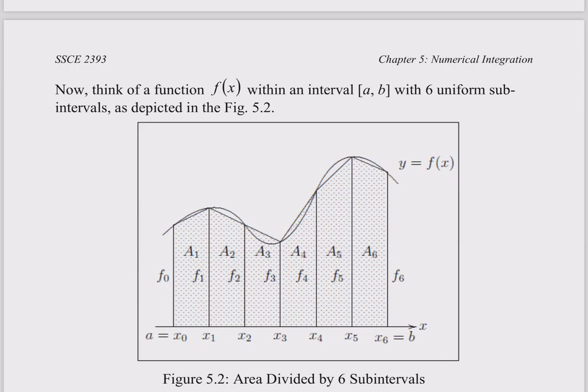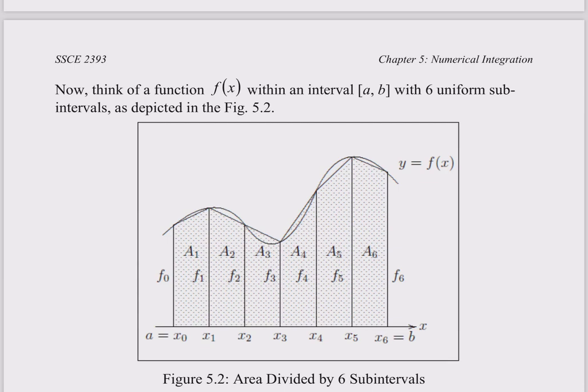So the basic idea, by using the formula of the trapezoidal rule, is that we can divide the area under our function into sub intervals, into many sub intervals.